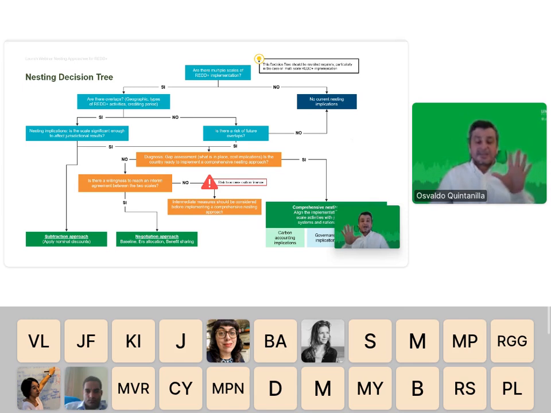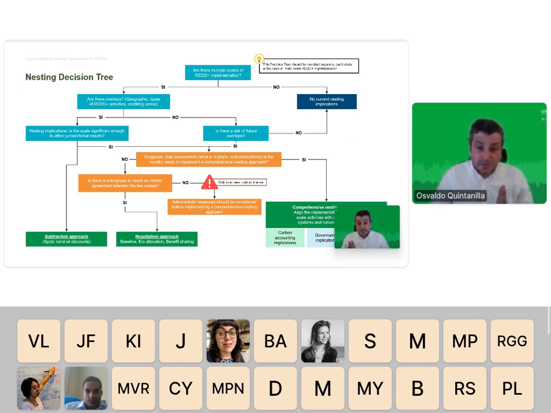So I think it's a little bit complex to follow this diagram at the beginning, but to illustrate this revision, think of a country with both a national REDD Plus program and many other private projects associated with REDD Plus.